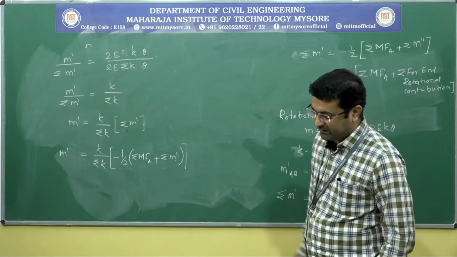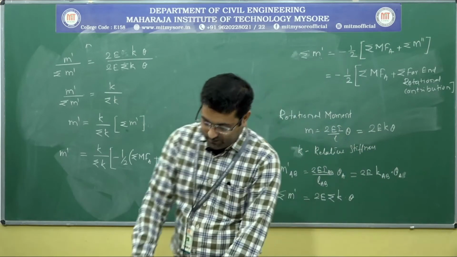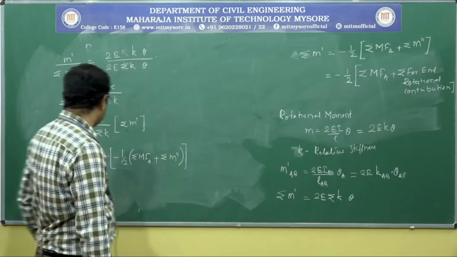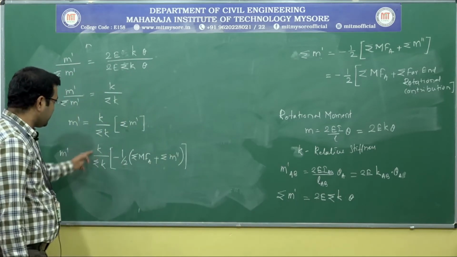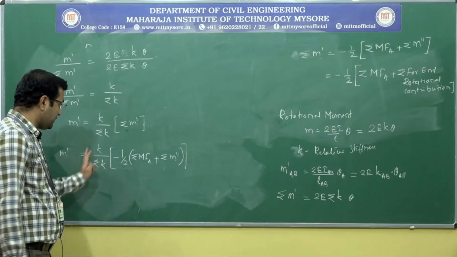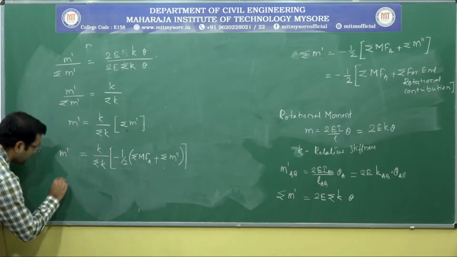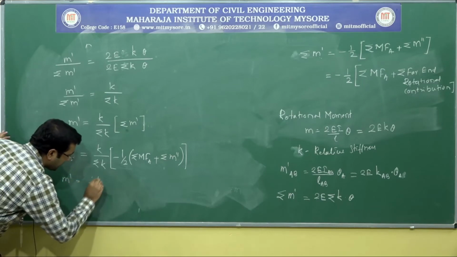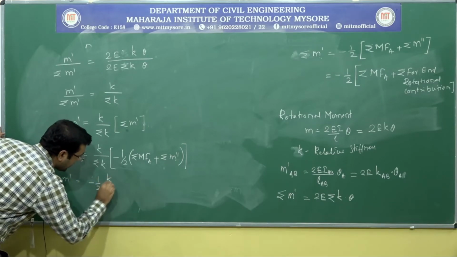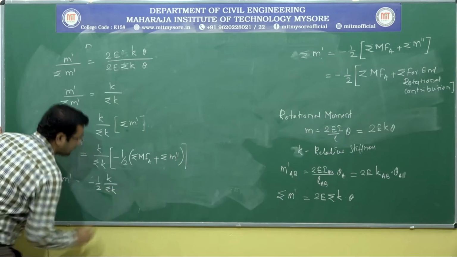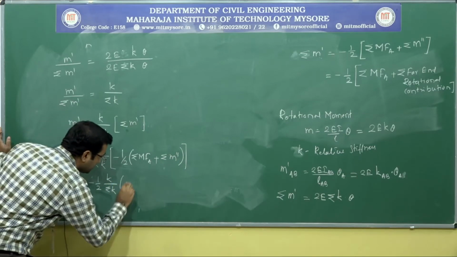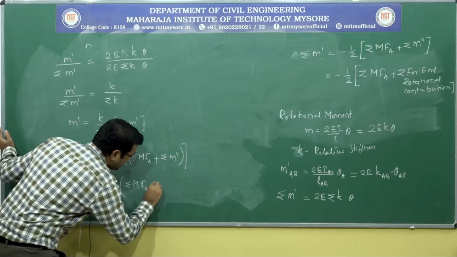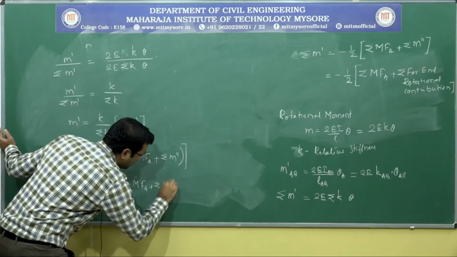We will use this. If I simplify it further, M dash is minus half of K by summation of K into the summation of fixed end moments at any joint A plus the summation of M double dash.